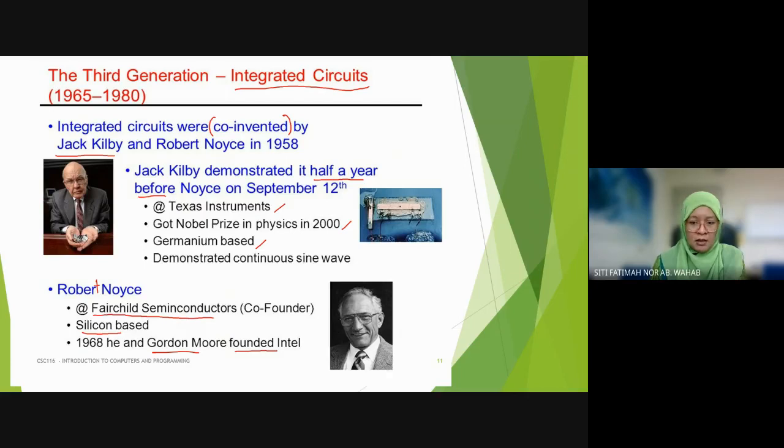The silicon used by Noyce operates at higher temperature. Therefore, they say that they co-invented the IC, but actually they did not work together at the same time.